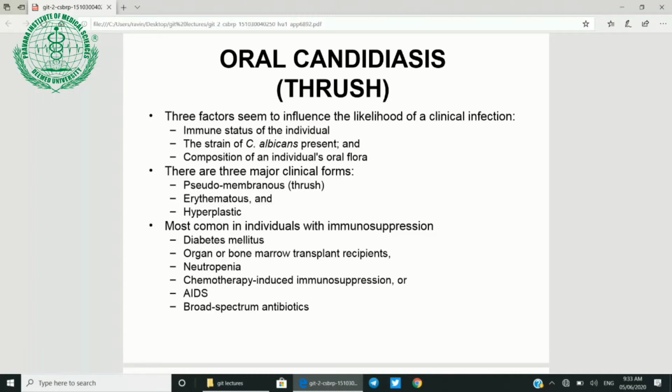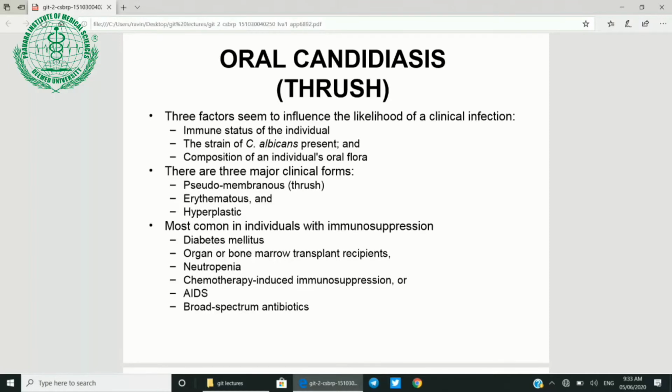This infection presents in three major clinical forms. One where we get pseudomembranes, very commonly called thrush, a white lesion. Second would be the erythematous type of presentation, and third the hyperplastic type. It is very common, as I told you earlier, in patients with immunosuppression.